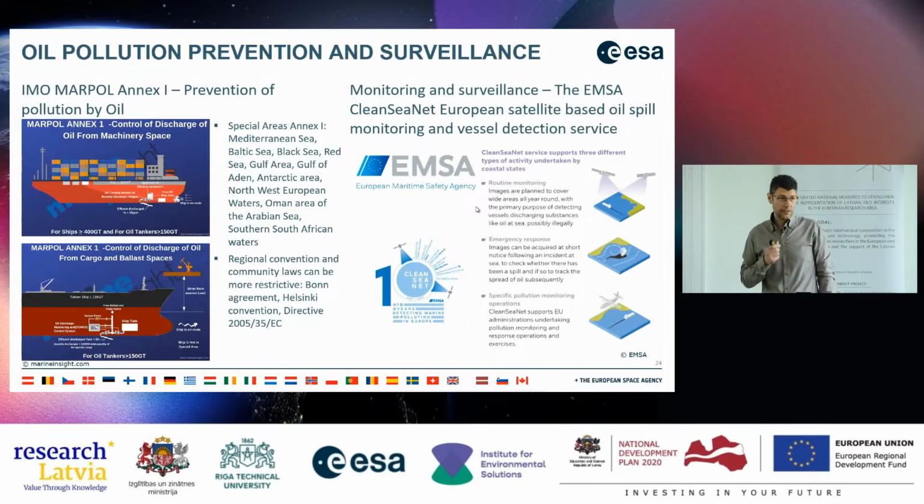Of course, what has been done to prevent this? On one side, we have prevention with conventions and regulations, and of course monitoring and surveillance, because you need to ensure that these regulations are kept.